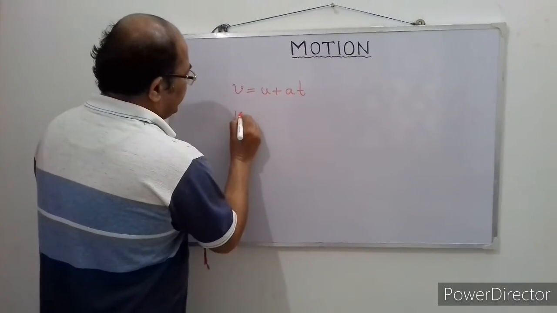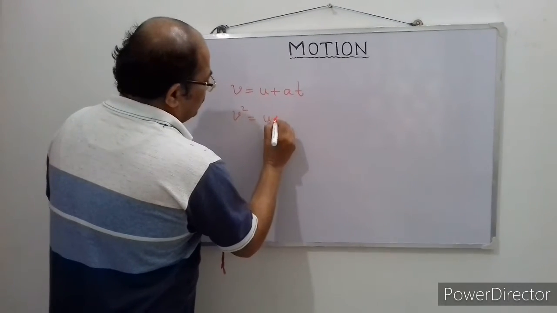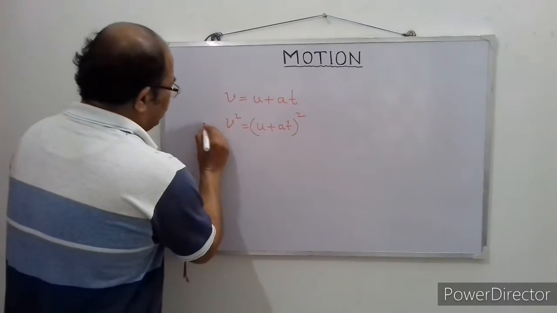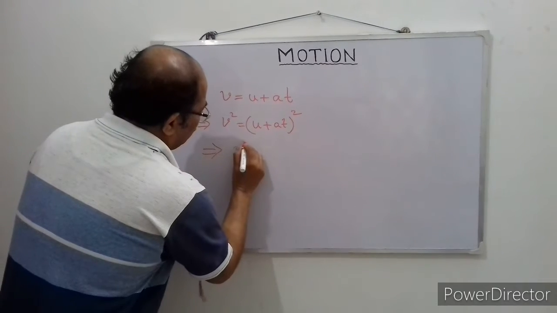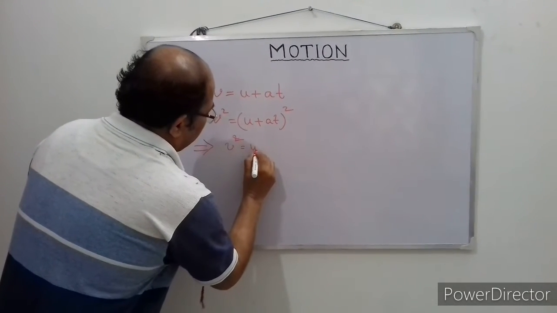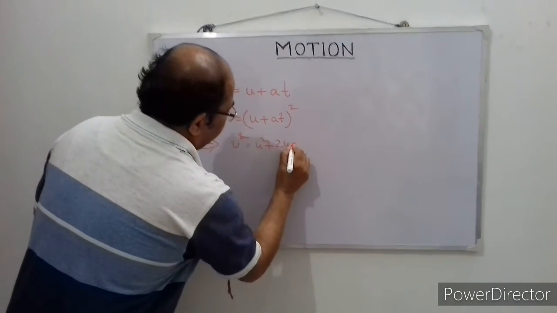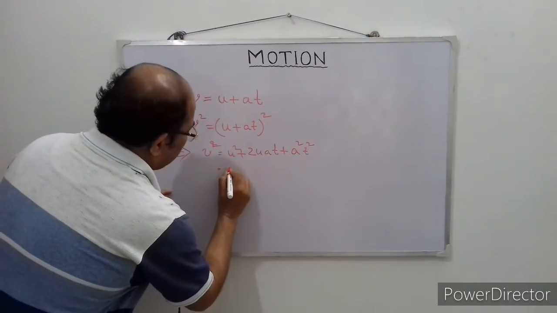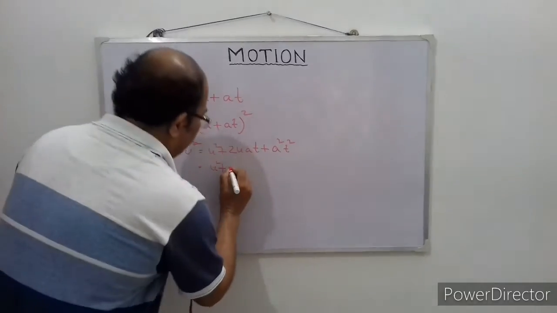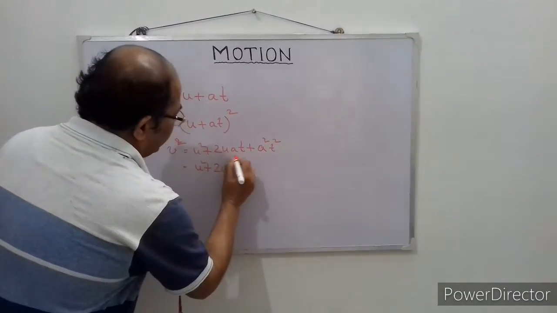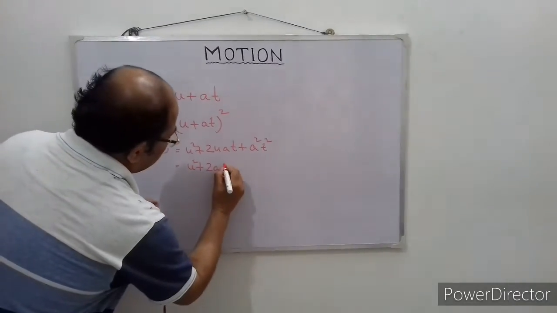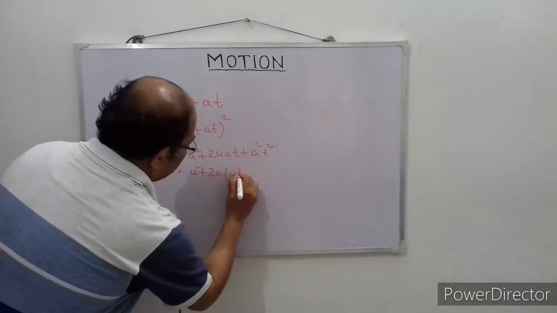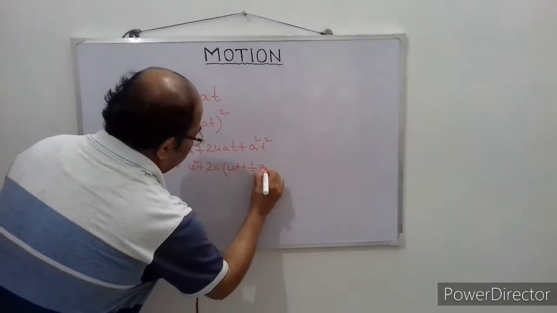Squaring both sides, we will get v square equals (u plus at) whole square, that is v square equals u square plus 2uat plus a square t square, equals u square plus, if we take 2a as common, 2a into, inside the bracket, ut plus half at square.